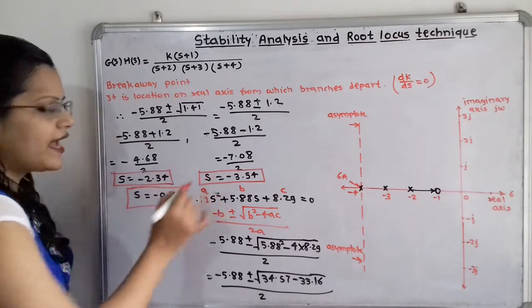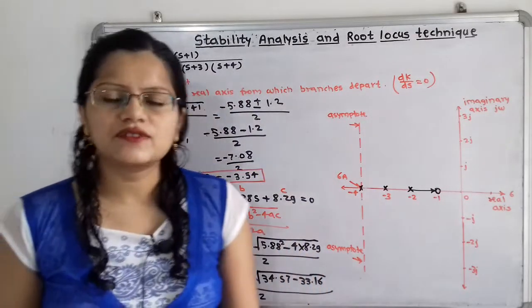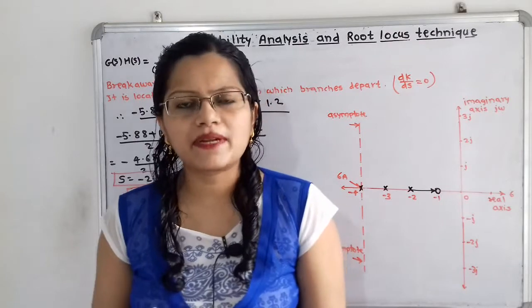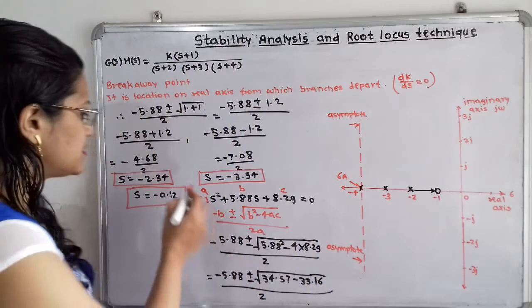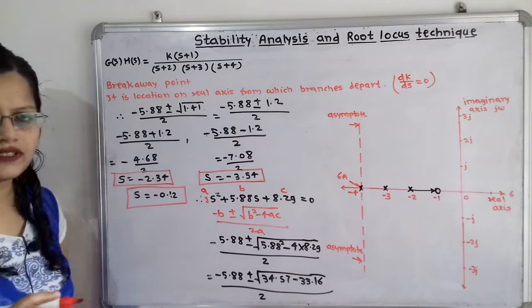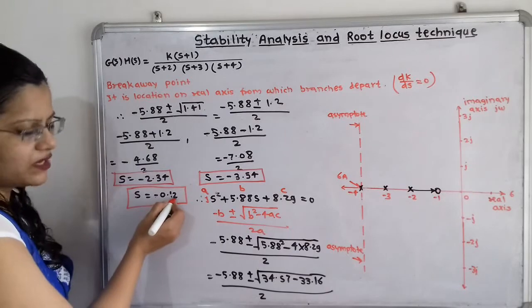Now we have to find out the point on the real axis for which the breakaway point is there. So how to select the breakaway point? The breakaway point is one of the points in between these 3 points. Now if we check the first number, minus 0.12.